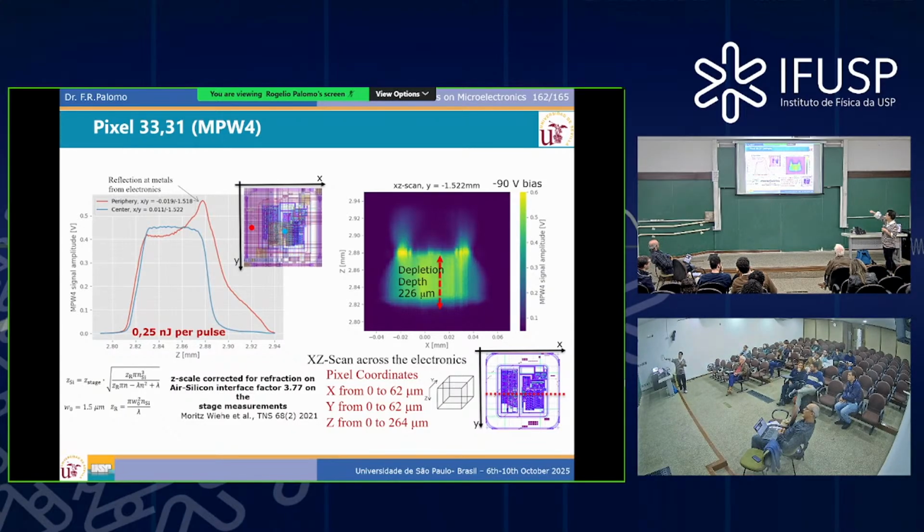In that case, the laser was on the back shooting in that direction, and this is a tomography of the device. This is just for detecting reflection from the metals, because the distribution of metals was different, just to take into account weighting signals coming from the reflections and coming from the silicon.